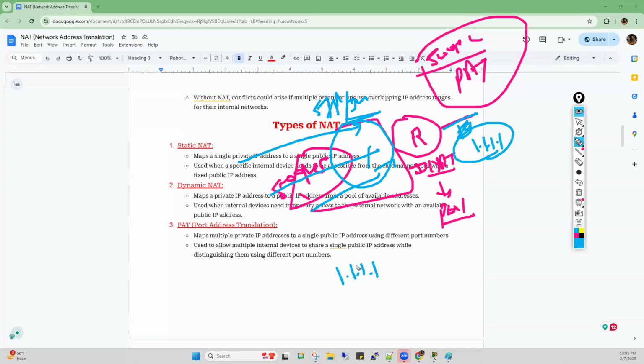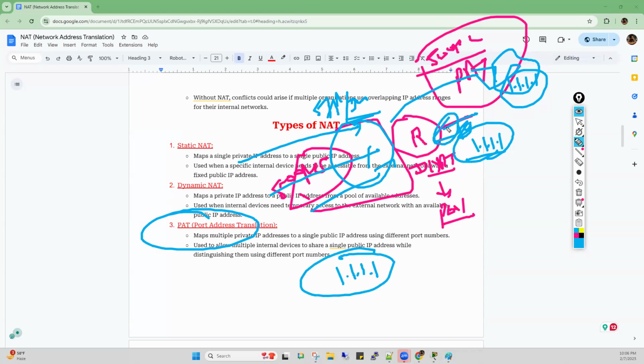Now again you guys have a question: sir, if every IP address is converted into 1.1.1.1, it means my Google server will receive every packet with source IP address 1.1.1.1, so your Google router will be confused. Your answer is true, you guys are thinking right. But try to understand, if you are using Port Address Translation, this router will convert every IP address into the IP address that you configured here.